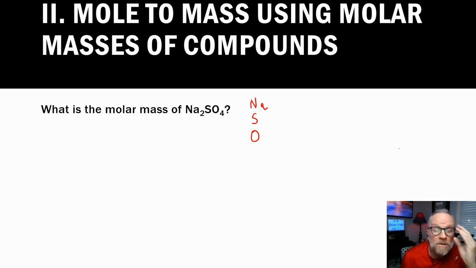So if we had this chemical compound, we would have 2 atoms of sodium, 1 atom of sulfur, and 4 atoms of oxygen.